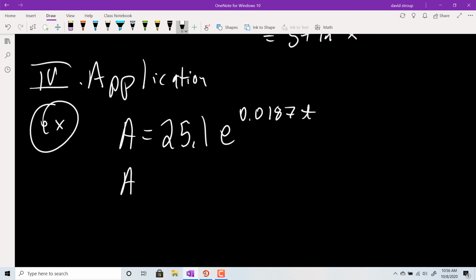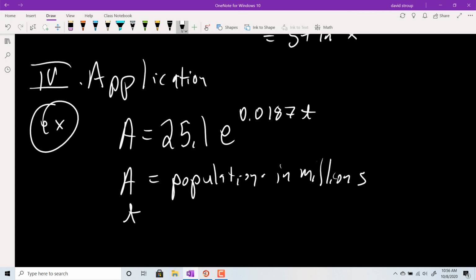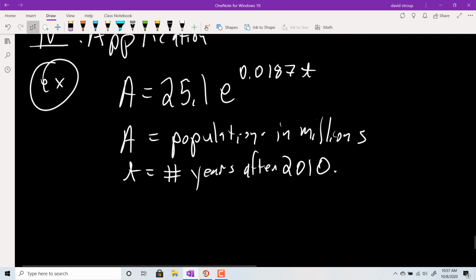Then A represents the population in millions of people, and t represents the number of years after 2010. I think it's the population of like the United States or something, I don't know.